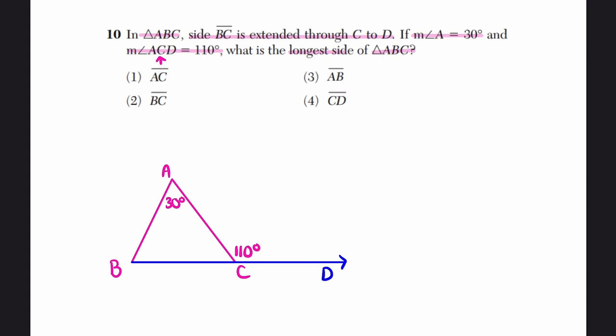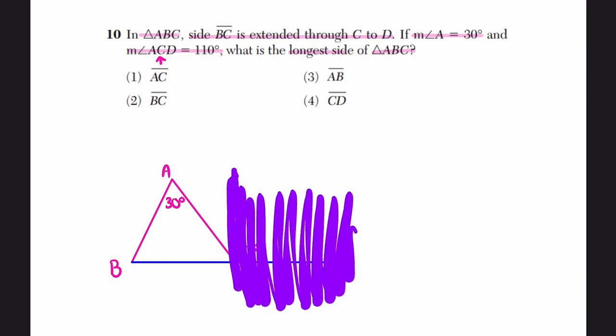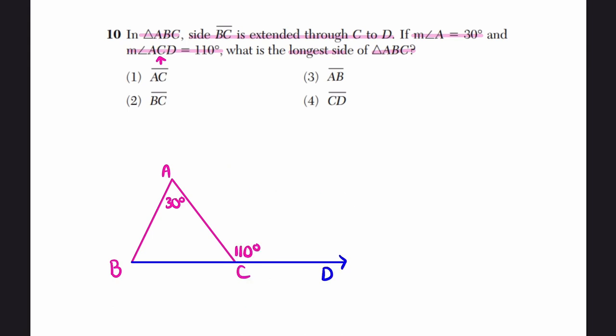So in this case, you're probably aware, or hopefully aware, that I have a triangle and I have a straight line, okay? If I was to cover up that outside and just look at the triangle, that triangle doesn't give me enough information to find any missing angles. It's just that 30, I don't really know what to do with it. So I do need to start with this 110, but this 110 is very helpful because it is a linear pair with this angle ACB, right?